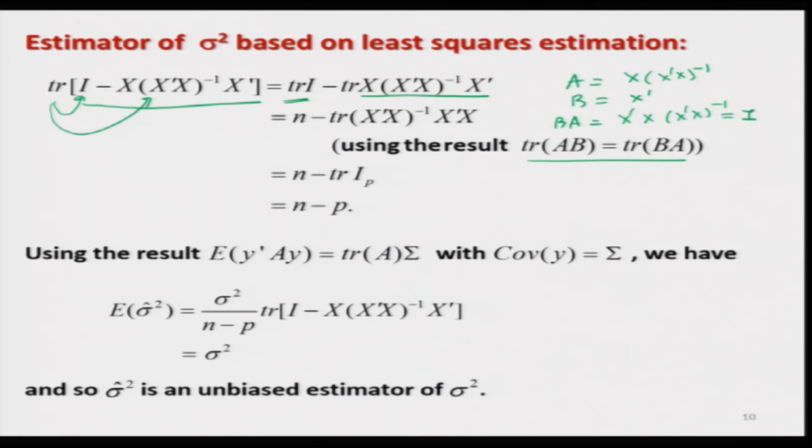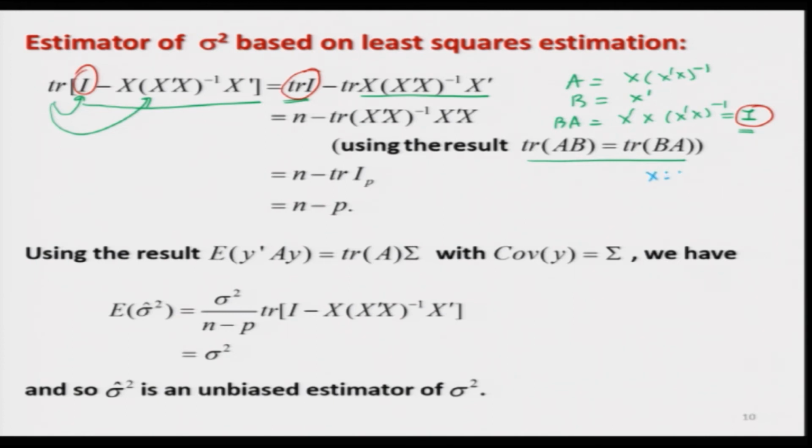Here I would like to play very safe. This I is an identity matrix, but I will write down its order. Why? Because we have one more identity matrix here, and we have to find the trace of I. What will be the order of this identity matrix?